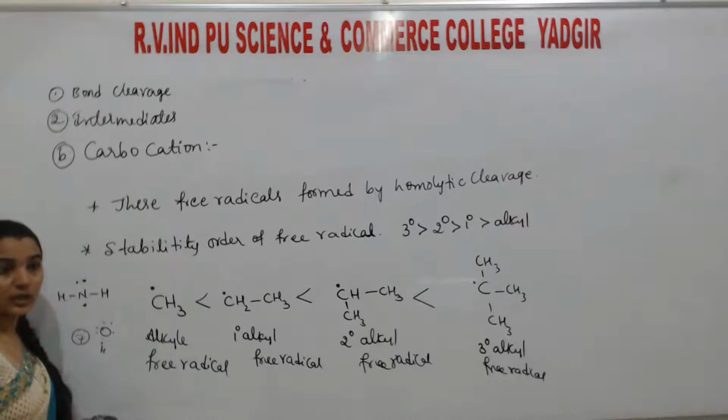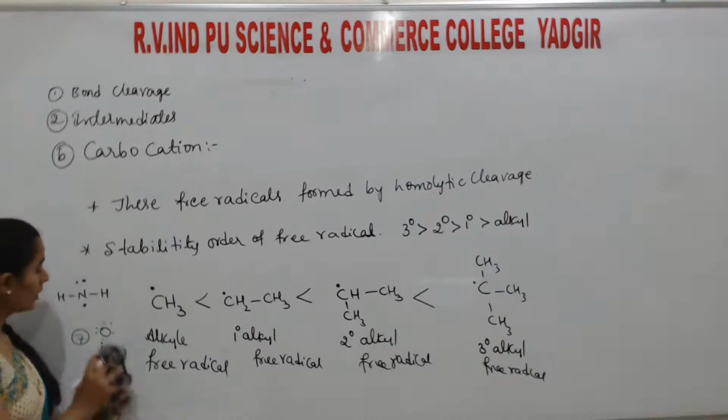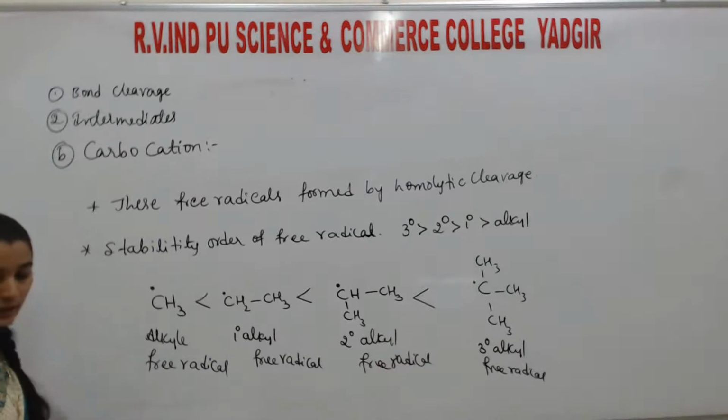So atoms with the 7 electrons are said to be what? Free radicals. Okay? 7 electron system is free radicals.